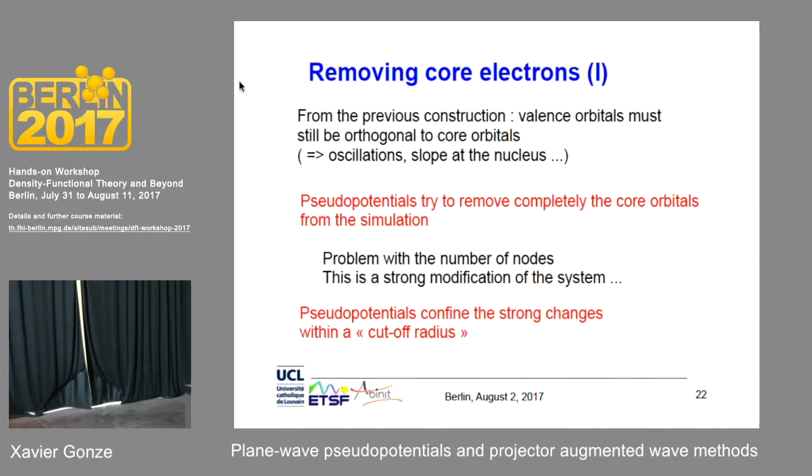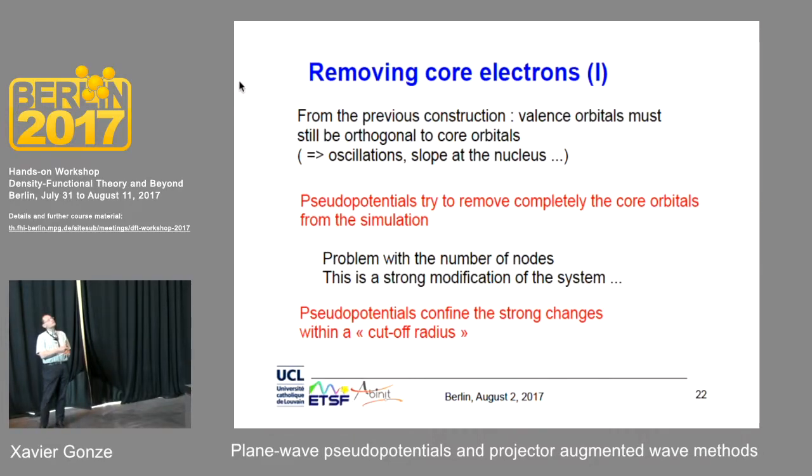Okay, from the previous construction, we have succeeded to treat easily the core orbitals, but still valence orbitals must be orthogonal to core orbitals, which means that they will oscillate. We will have a slope at nucleus, and this means that it will be quite difficult to describe with plane waves.